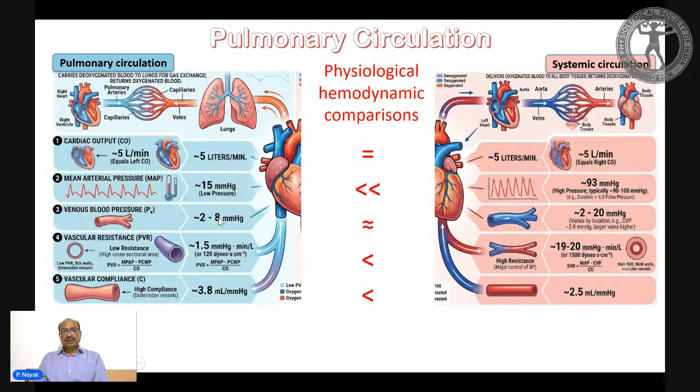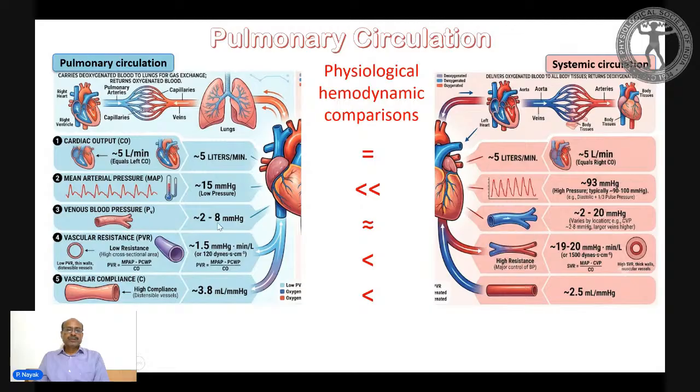However, surprisingly, the venous blood pressure is not that much different. It can vary around 2 to 8 millimeter mercury, whereas it is around 2 to 20 millimeter mercury. Okay, we can consider it is not exactly matching, but there is a possibility it can match.